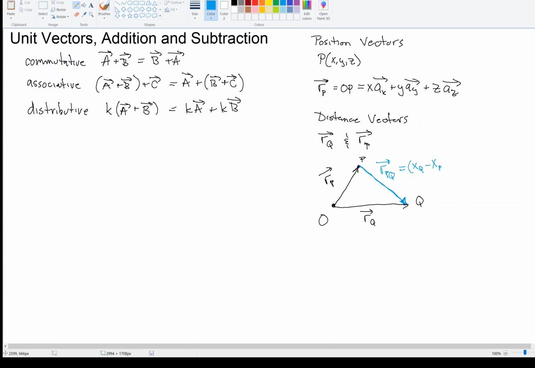Let me back up. So I guess the notation was Q's x component minus P's x component in the x direction. That's what I wanted. Plus Q's y component minus P's y component in the y direction plus Q's z component minus P's z component in the z direction. This should not have an arrow above it, by the way.